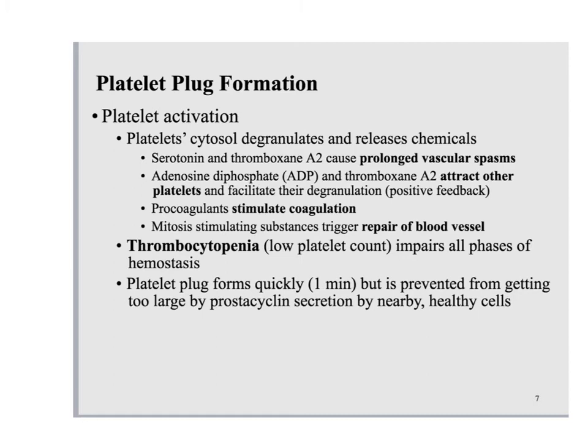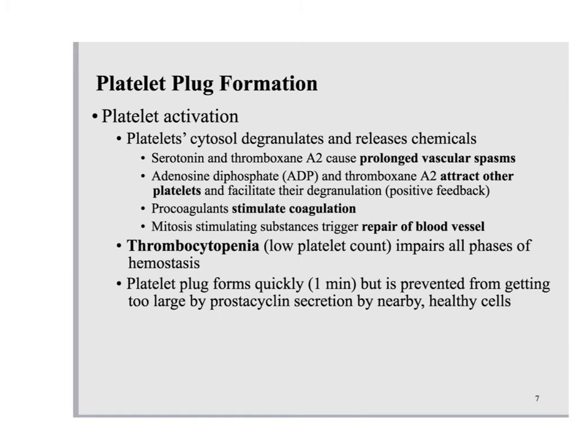Okay? So a couple things are still happening. We're still going to prolong vascular spasms, prevent excess blood flow, platelet plug formation, and then it starts the next process of coagulation. Some people suffer from something called thrombocytopenia, or low platelet count, which impairs all phases of hemostasis.